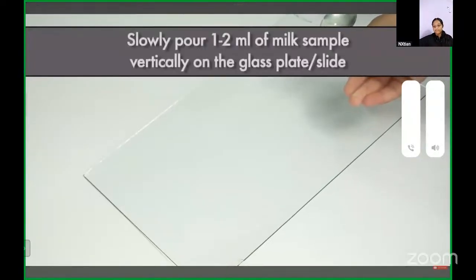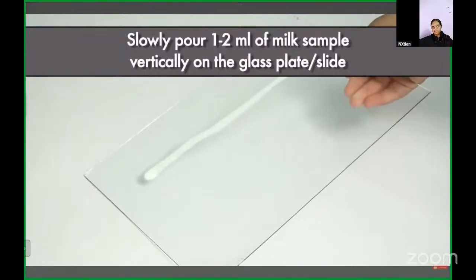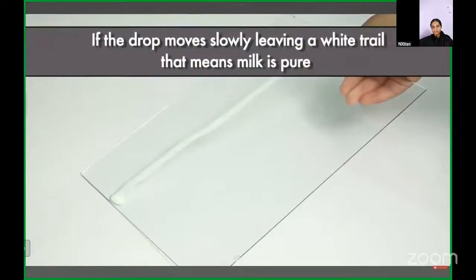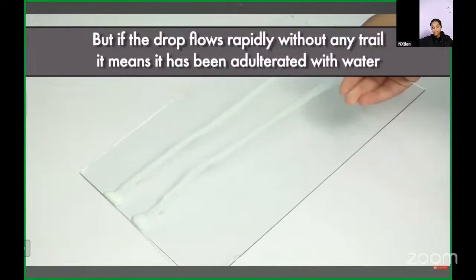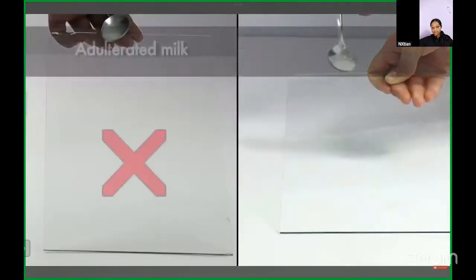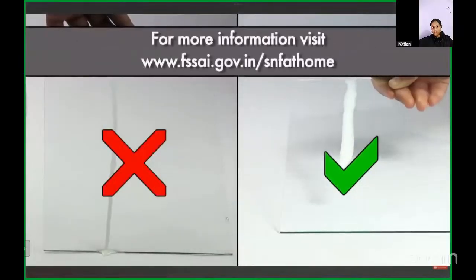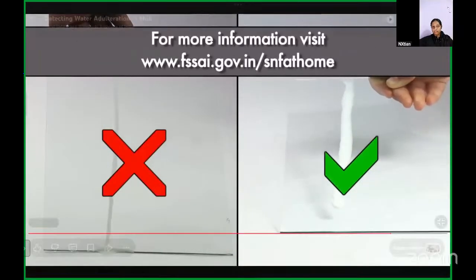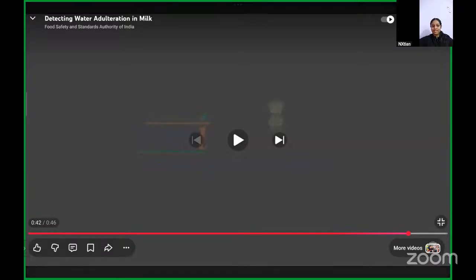Slowly pour 1 to 2 ml of milk sample vertically on the glass plate. If the drop moves slowly, leaving a white trail, that means milk is pure. But if the drop flows rapidly without any trail, it means it has been adulterated with water. Hope you understood about this test.